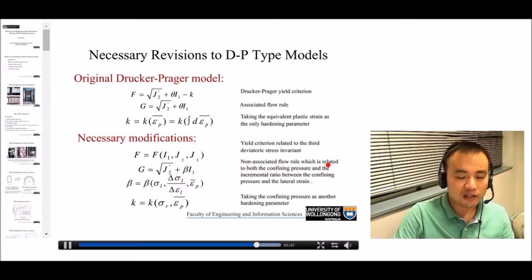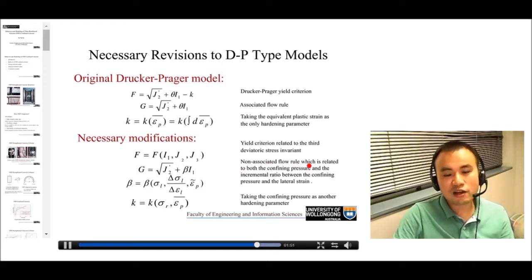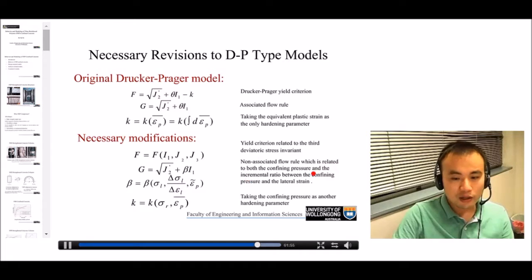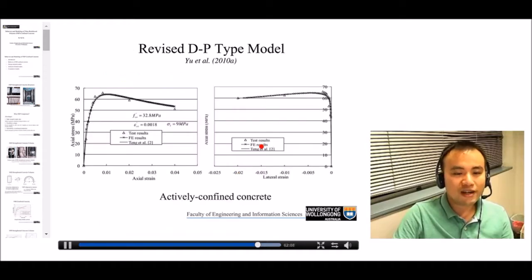It has to be related to both the confining pressure and the incremental ratio between the confining pressure and the lateral strain. If you ignore the last part, it doesn't work, as we have shown before. And for the hardening rule, it has to be confining pressure dependent. That is all the necessary modification we need to make for a plasticity model.